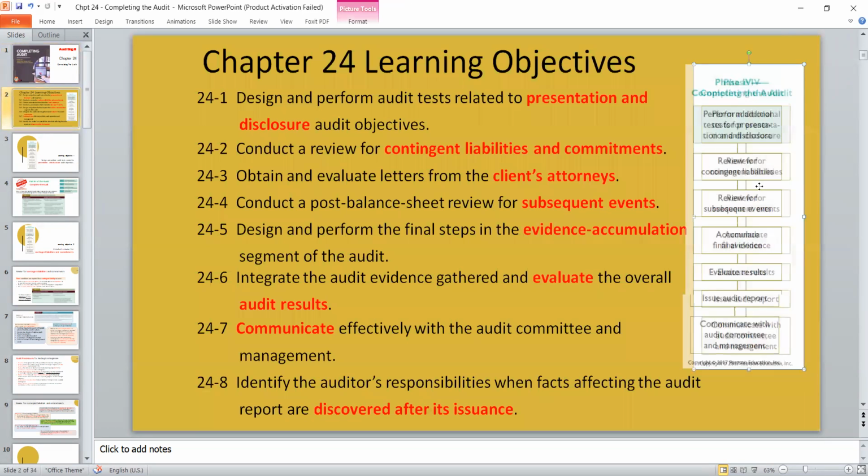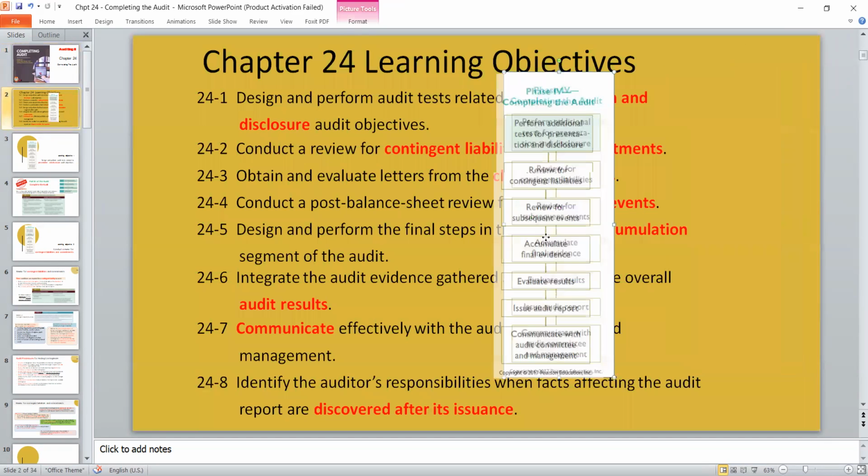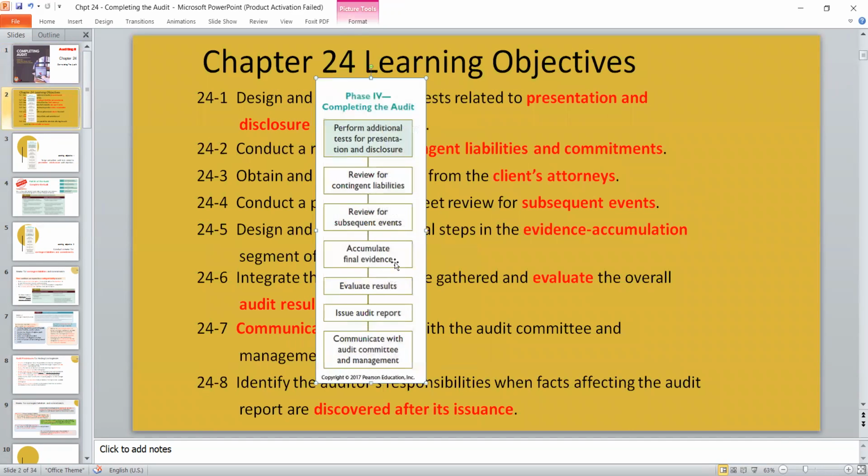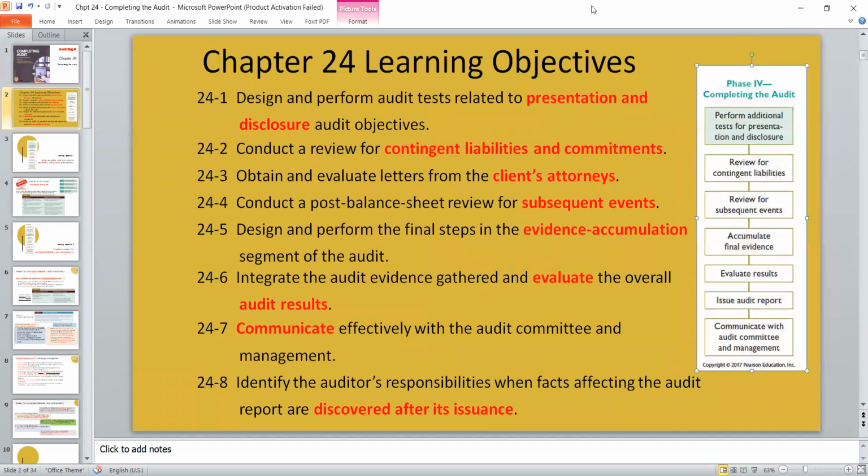Once again, this picture is the summary of this chapter. You need to know about the contingency, subsequent event. This is the new term for you. Because this is important for the completion, they need to be disclosed. They need to be presented.